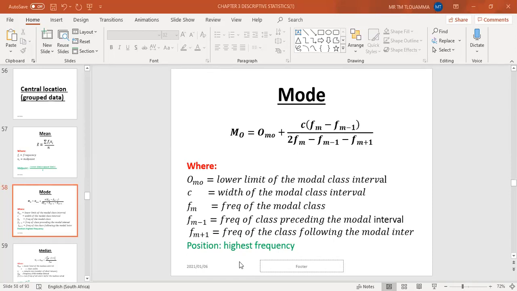So if you have the mode, meaning next to that highest frequency, you will have your class limits. Let's say from 100 up until 200 is your first class limit, and at that class limit you have 10 as the frequency.